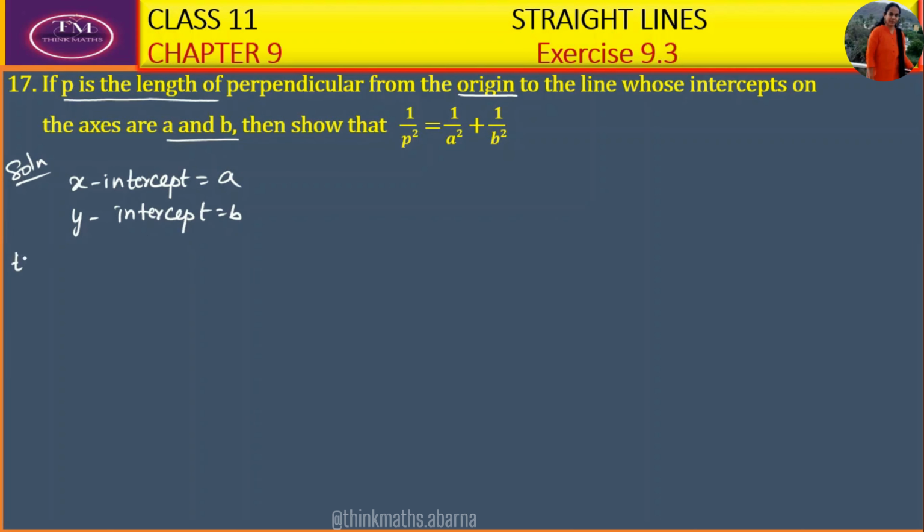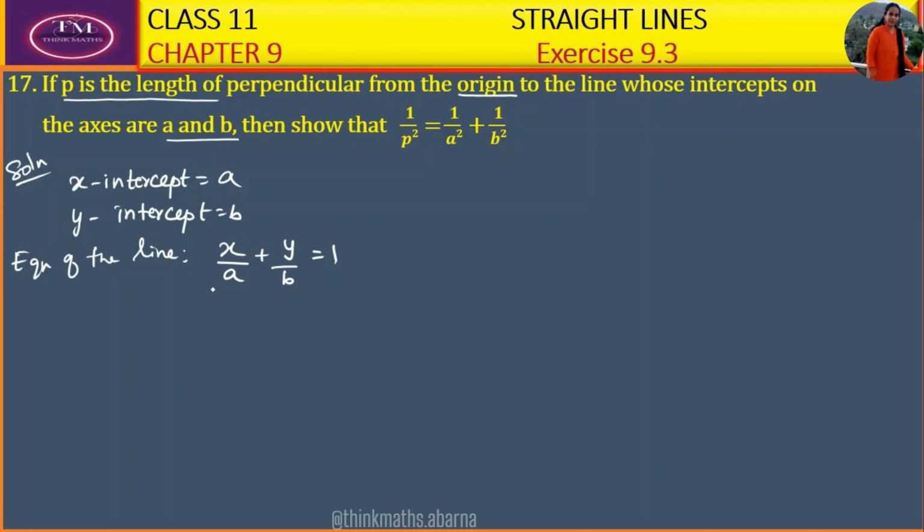If both the intercepts are known, the equation of the line is x by a plus y by b equal to 1. Now, we have to change this to ax plus by plus c equal to 0.